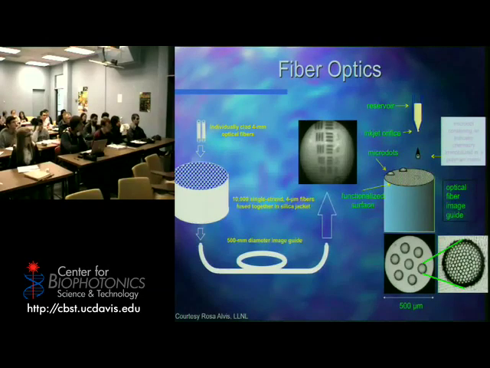She was sticking 10,000 of these together, polishing them in such a way that she would create a 500 micrometer diameter image guide. So a 0.5 millimeter cable, okay? Half the thickness of your fingernail. That thing would have 10,000 of these in it. Okay? And you can imagine that the light that goes into one will come out the other end, right? So this is her looking at a resolution chart.